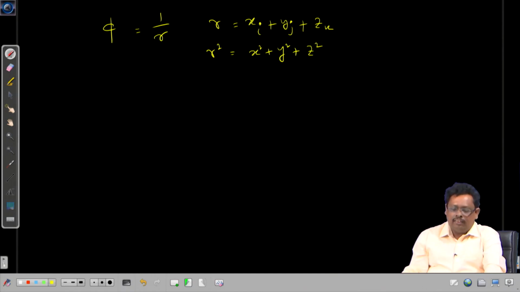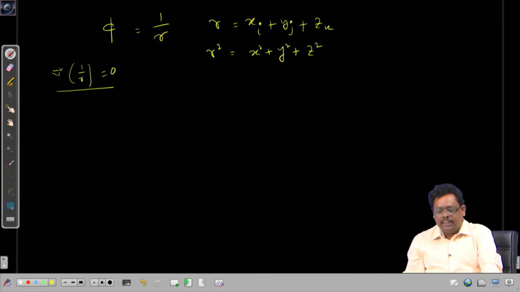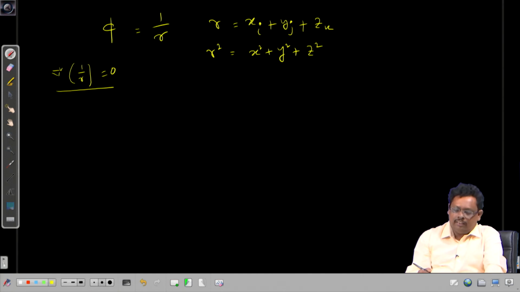Now, before we proceed further to check whether del square of 1 upon r equals 0 or not, let us try to do a little bit of manipulation.